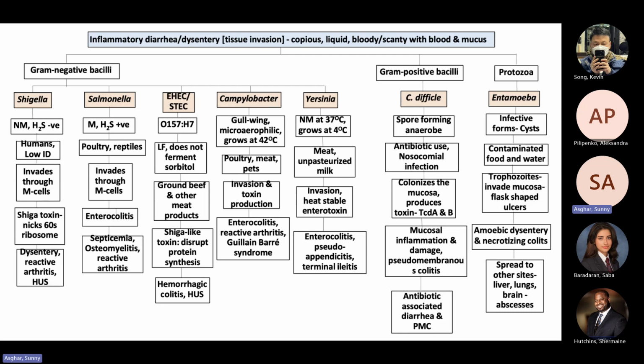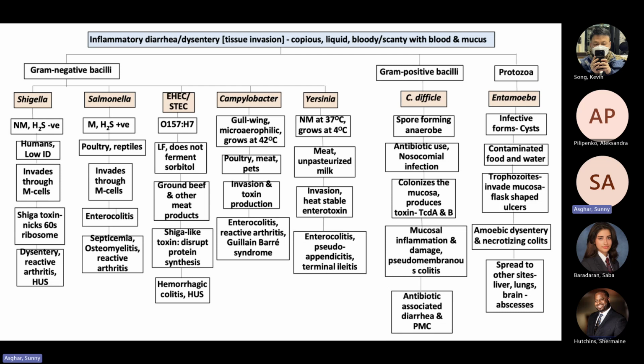And again, it's mentioned that it can also be found in pets as well. I'm not sure which pets, but I know that it is also found in pets, unlike Pasteurella, which we know can be found in dogs and cats. And Yersinia is non-motile at 37 degrees, but it grows at 4 degrees Celsius.